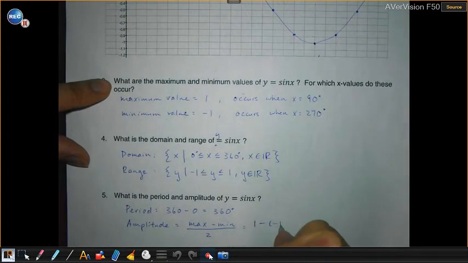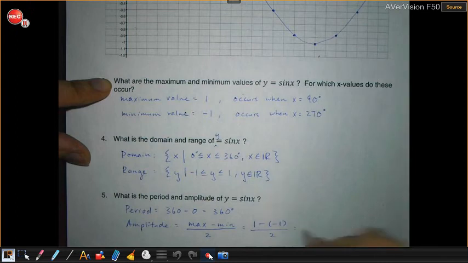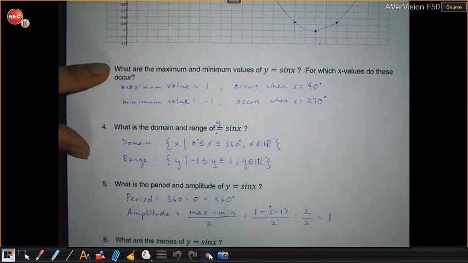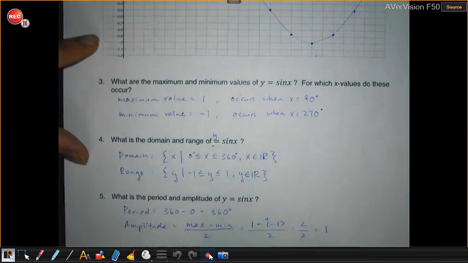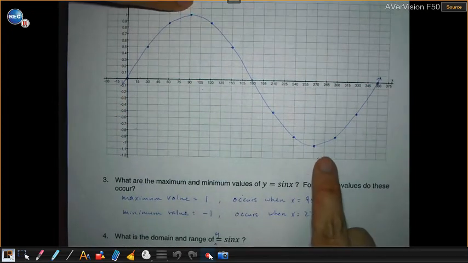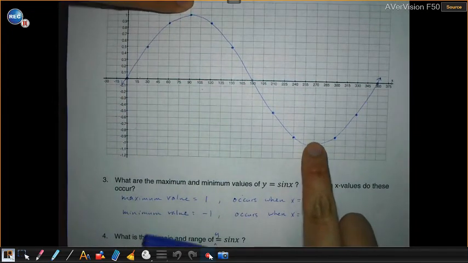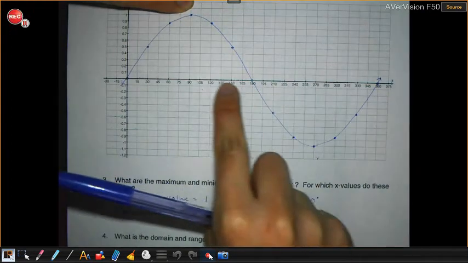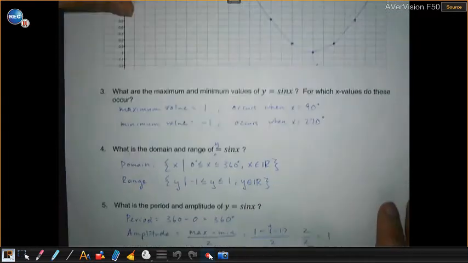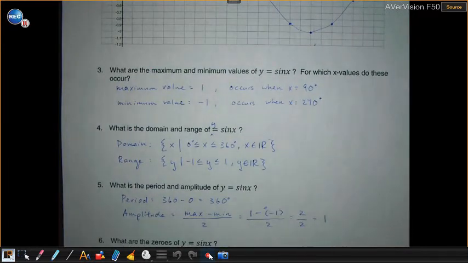Minimum is -1. 1 subtract -1 is the same thing as 1 plus 1, which is 2. 2 divided by 2 is 1. So amplitude is 1. We can also look at the graph to figure out the amplitude. Max is here, min is here. Half the distance from 0 to 1 is just 1. Okay, so amplitude is 1.